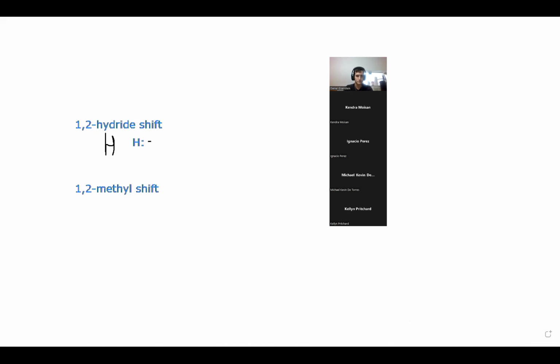Let's go into how that would look. Let's say you have a carbocation here. This hydride is going to attack the carbocation, resulting in its movement to here.